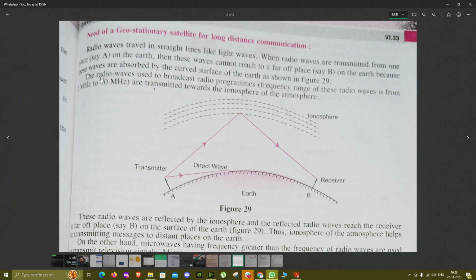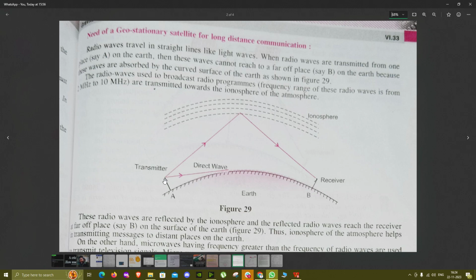In order to transmit the radio waves, we used transistors, or we say the radio. So radio waves travel in a straight line. Remember that radio waves travel in a straight line like light. But when radio waves are transmitted from a point on the Earth, these waves cannot reach a very far away point, B, because of the Earth's curvature.